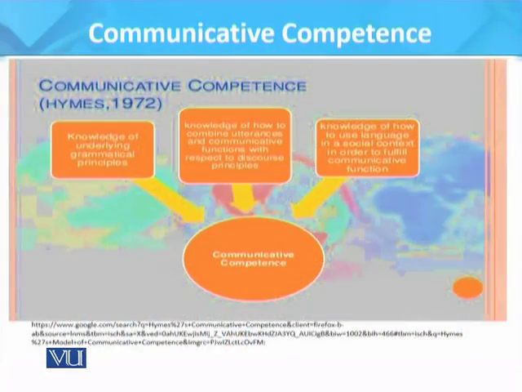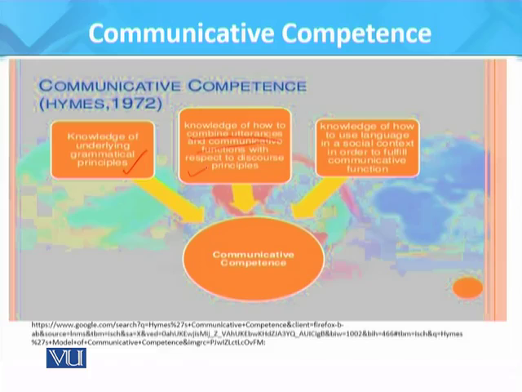So let's see, in this image we have 3 boxes leading to communicative competence. The first says knowledge of underlying grammatical principles. So that is basically the linguistic knowledge. Then knowledge of how to combine utterances and communicative functions with respect to discourse principles.